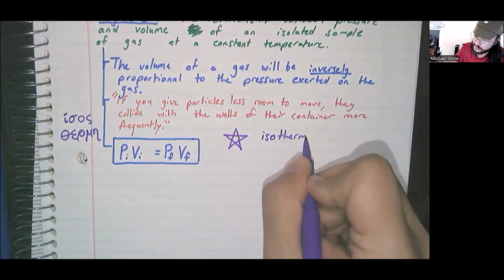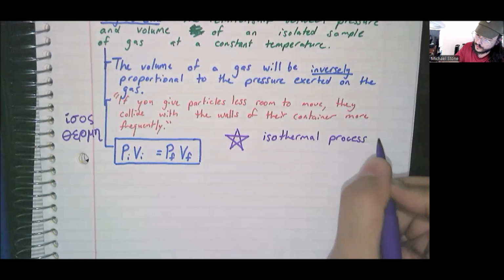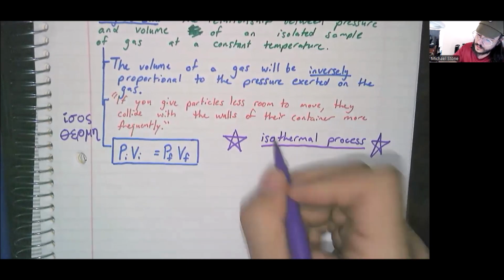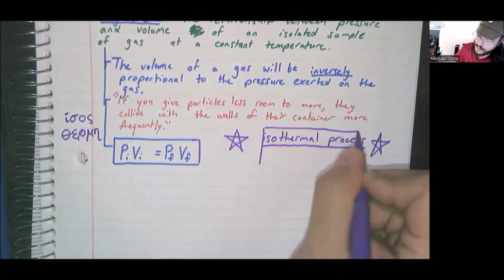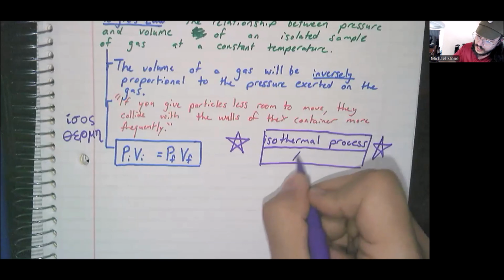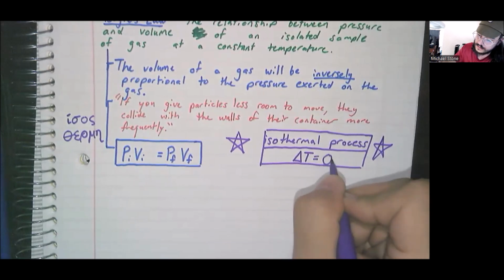So this is isothermal. An isothermal process is one in which the temperature does not change, or if you wanted to define it mathematically, it is something that happens to a gas where delta T is 0.